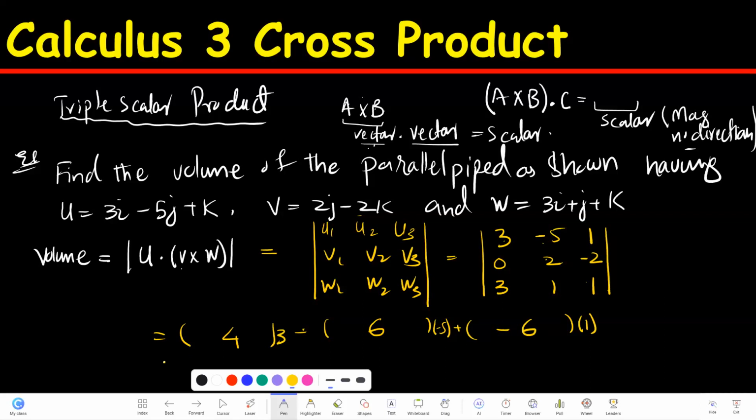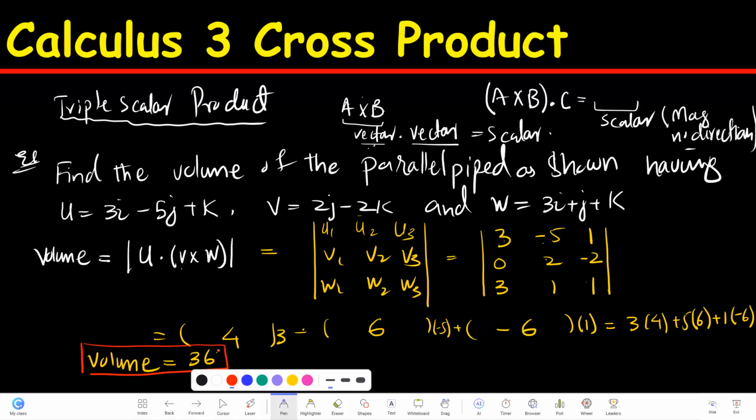When I solve this, there is no ijk, so automatically I can just write here 3 times 4 plus 5 times 6 plus 1 times minus 6. When you solve this whole thing, it's going to be 36 volume. And that is pretty much my answer.